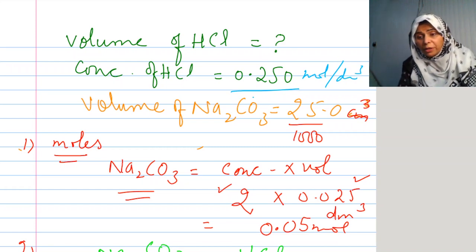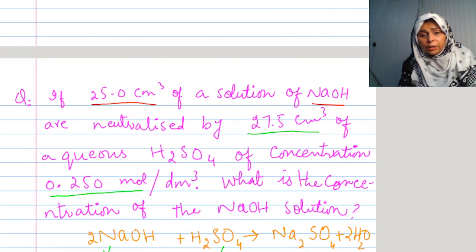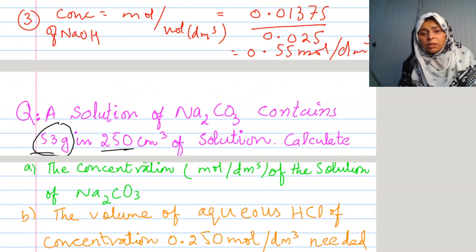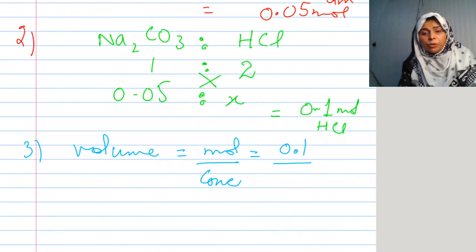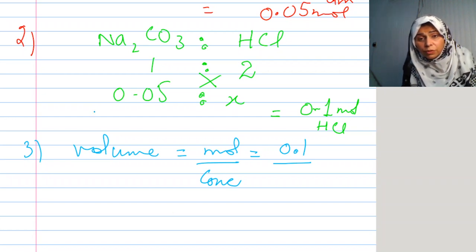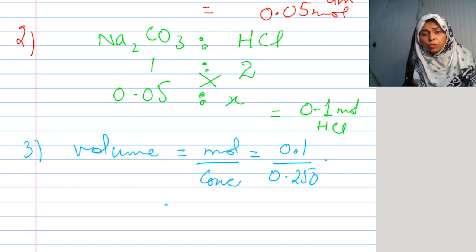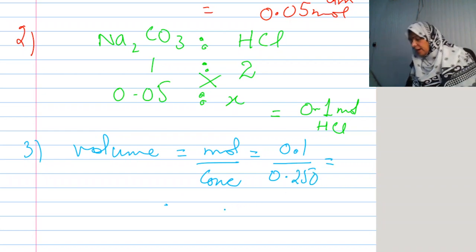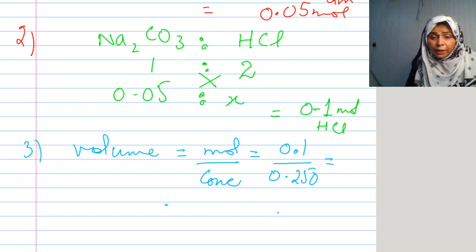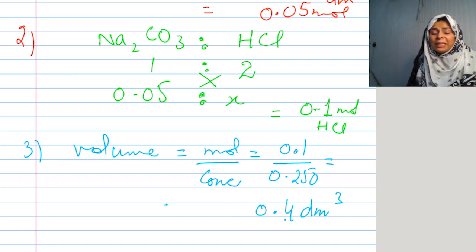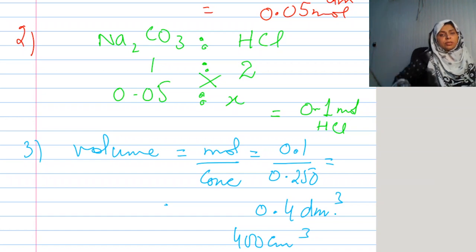So 0.1 mole over 0.250, and the answer is 0.4 decimeter cube, or multiplying by 1000, 400 centimeter cube. So this is the end of this question.